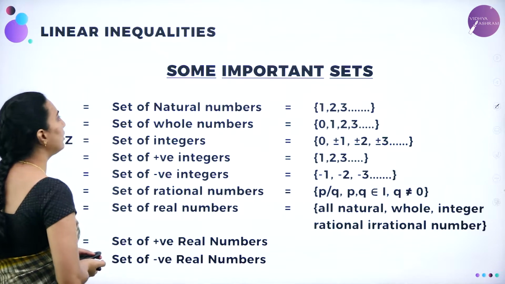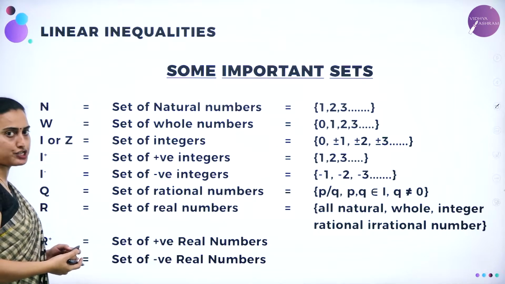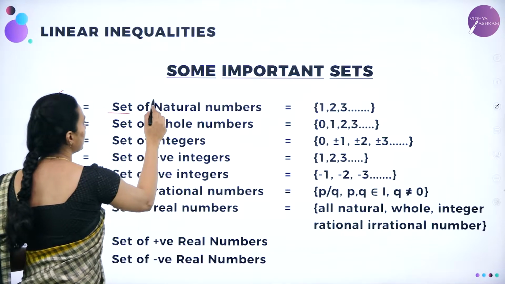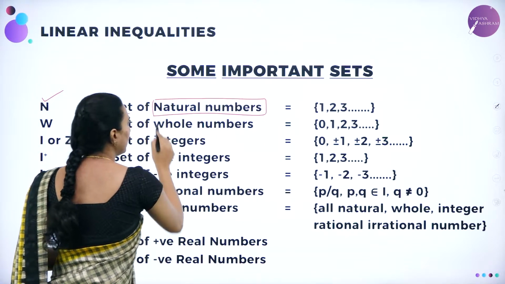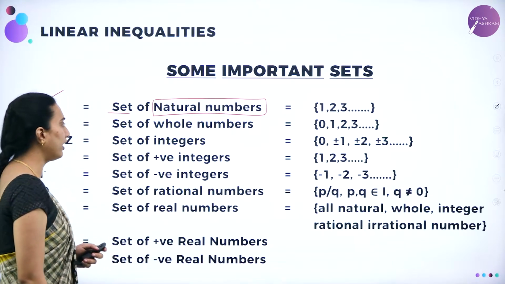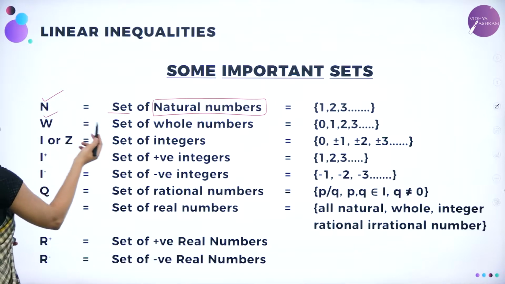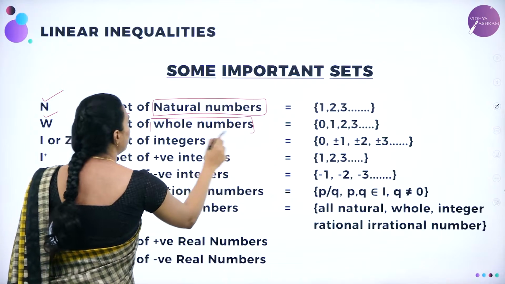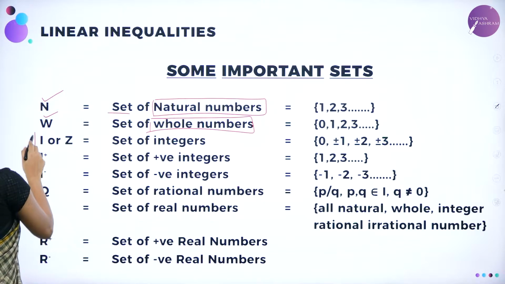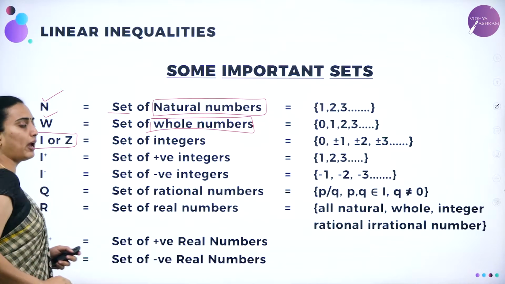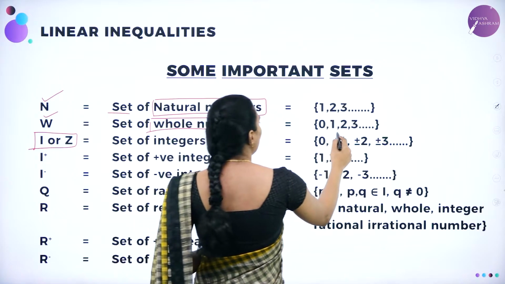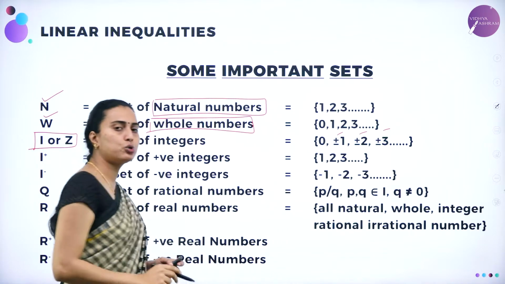Now we'll be moving on to some important sets. As I mentioned, here the important set N is going to be known as the set of natural numbers. Set of natural numbers will start from 1, 2, 3, 4, 5, 6, etc., up to infinite terms. Next is nothing but whole numbers. Set of whole numbers will be starting from 0, 1, 2, 3, etc., up to infinity. Next, I or Z we are going to denote by the set of integers. Set of integers includes 0, plus or minus 1, plus or minus 2, plus or minus 3.